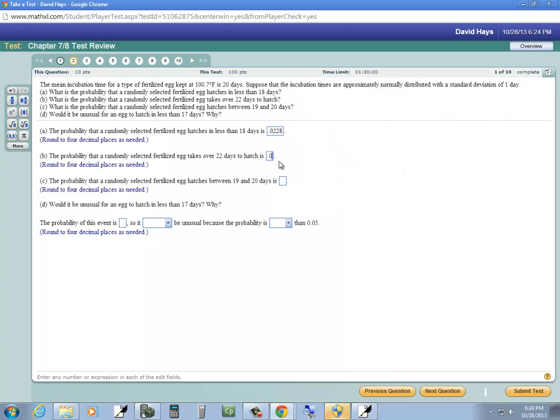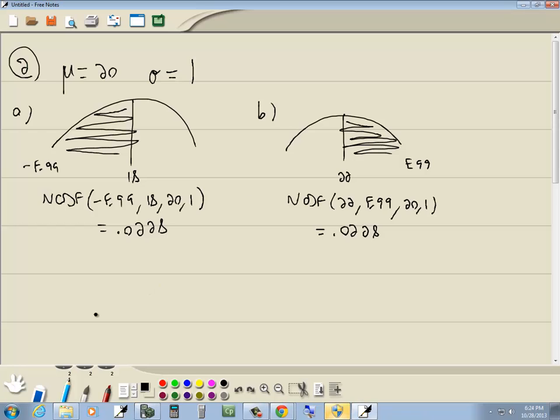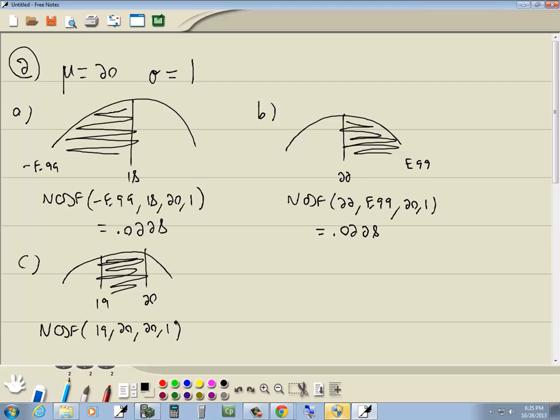So 0.0228. Probably a randomly selected fertilized egg is between 19 and 20. Hopefully this doesn't come out the same. 19, 20. Between is shaded this way. So we'll do normal CDF, 19, 20, our mean, and then our standard deviation.